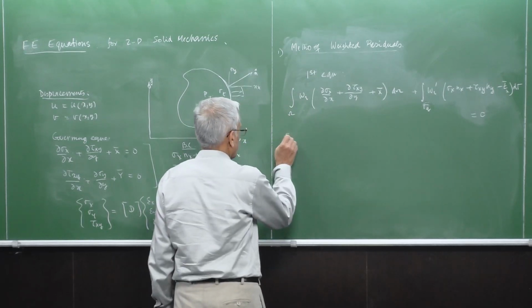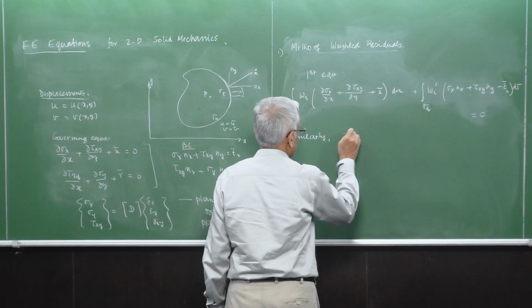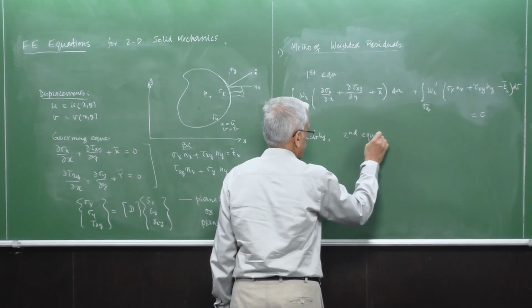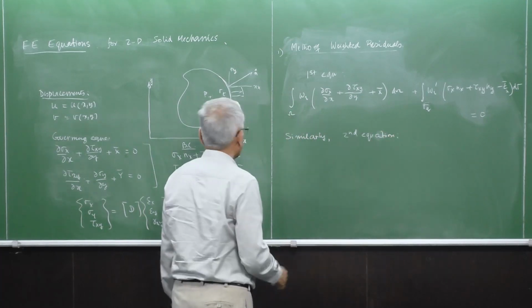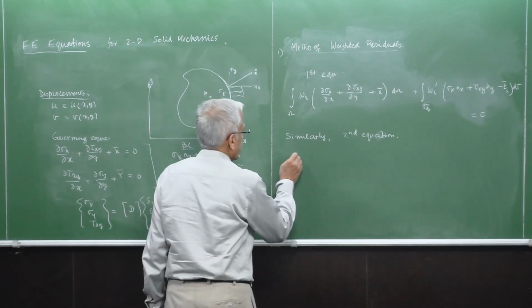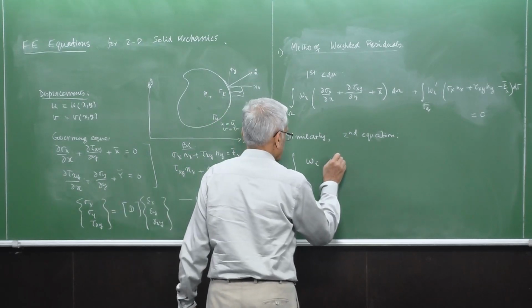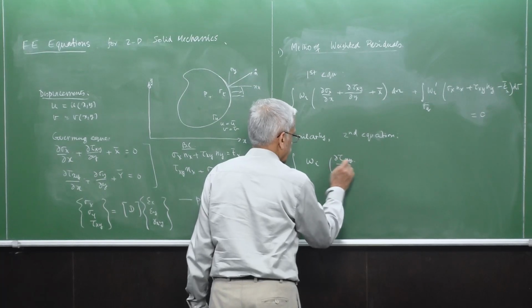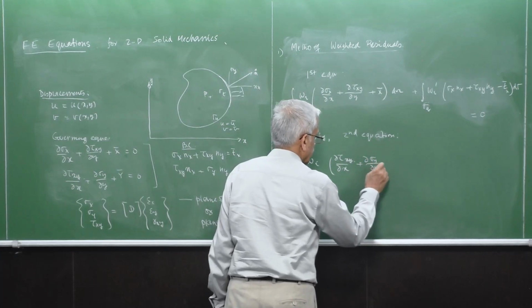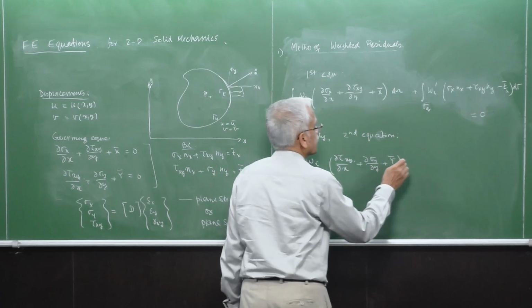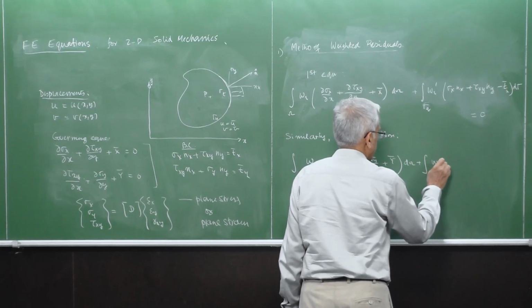Similarly, the second equation looks very similar to this one, and again we have a weighting function, and the equation is dou tau xy by dou x plus dou sigma y by dou y plus y bar is equal to 0.